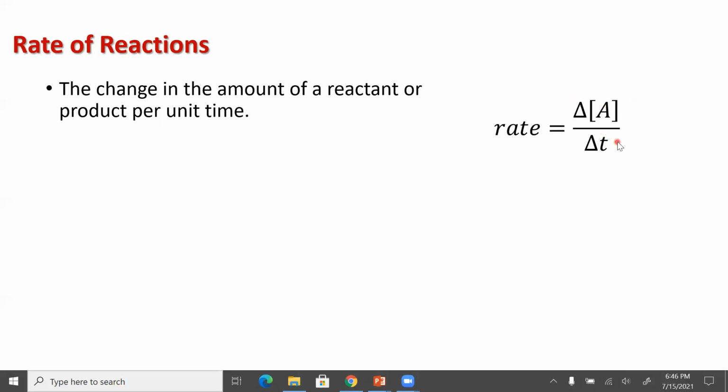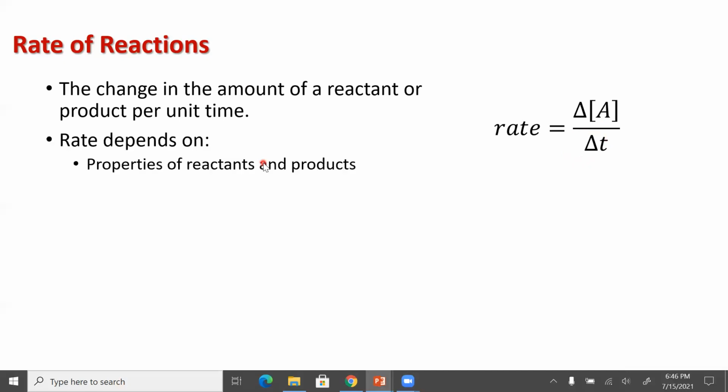It's kind of like when you drive down a highway, you talk about your rate of speed being 65 miles per hour. Okay, your change in distance over your change in time. This is the same kind of thing. Okay, it's a rate. How much does the concentration change per unit of time?